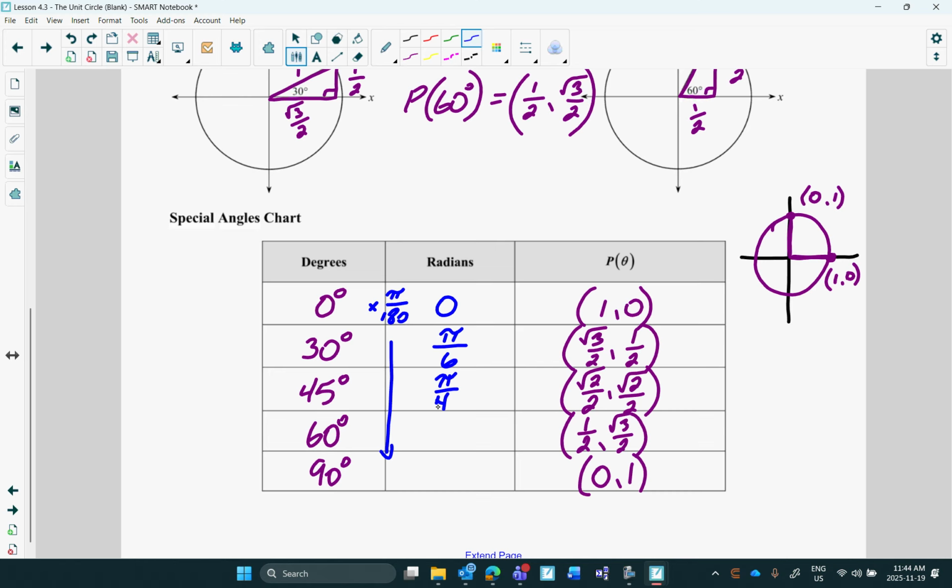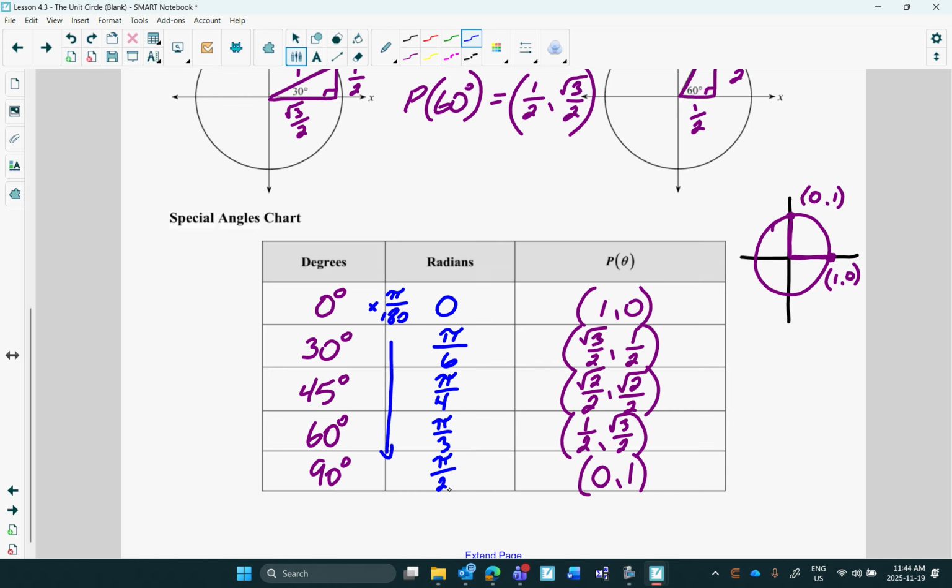If I multiply 60 by pi over 180 and reduce it, I'm going to get pi over 3. And if I multiply 90 by pi over 180, I'm going to get pi over 2. 90 degrees is half of a half circle. Half a circle is pi. So 90 is pi over 2. Okay. Any questions so far?